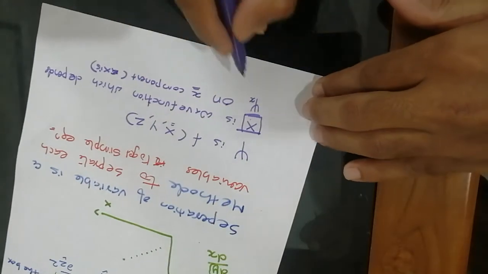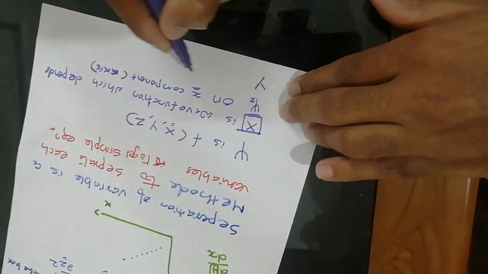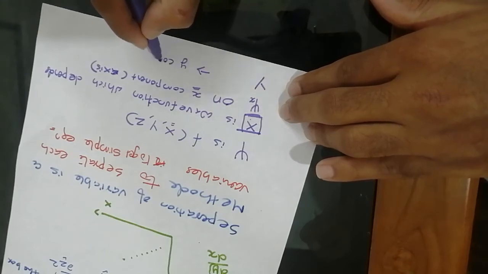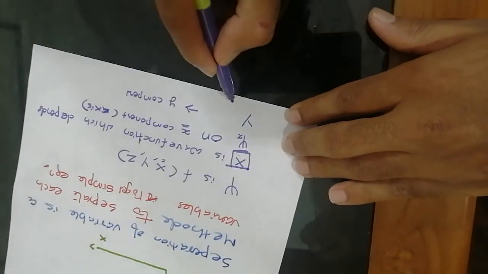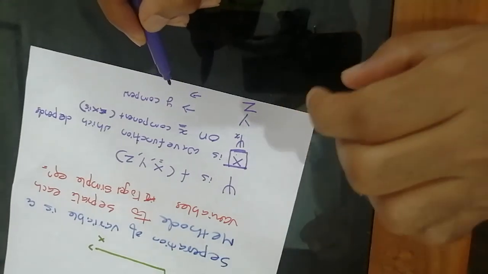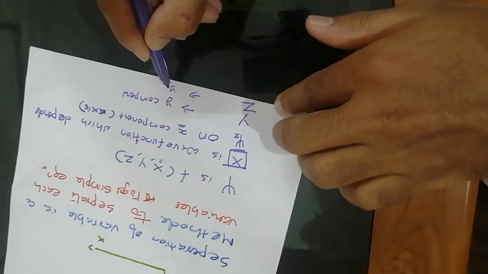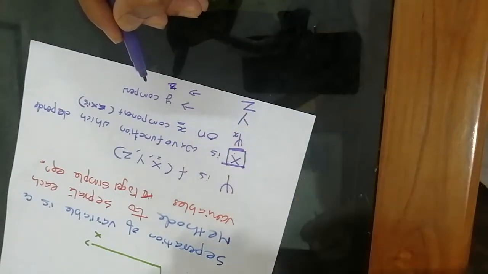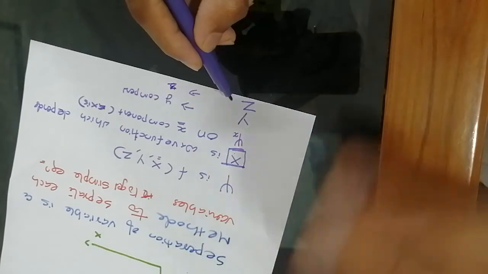Similarly, capital letter Y is a wave function which depends upon the y component only. Similarly, capital letter Z is a wave function; small letter z is the component by which capital Z is varying.